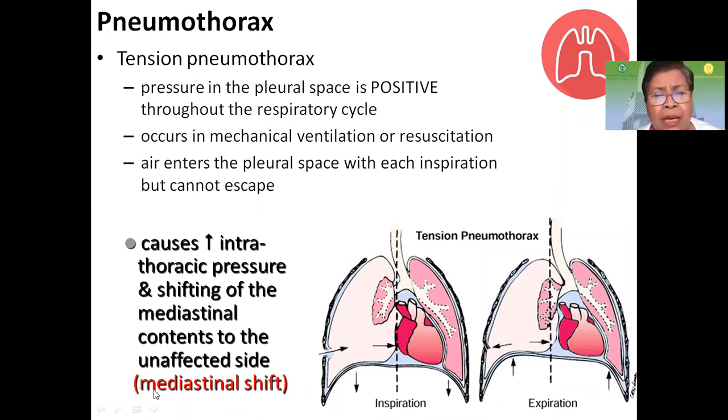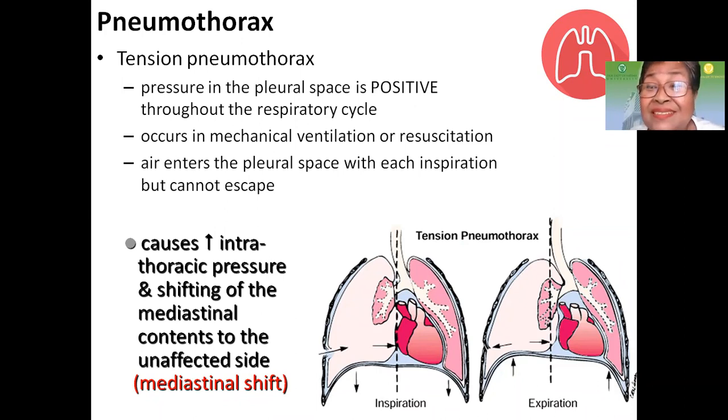So, our dear students, no? Ito 'yon, no? Pag sinabi natin mediastinal shift, the mediastinal structures na shifted to the contralateral. Pwede rin mag-move ngayon tracheal shift as well. Okay. Which is more serious? Open pneumothorax or tension pneumothorax?